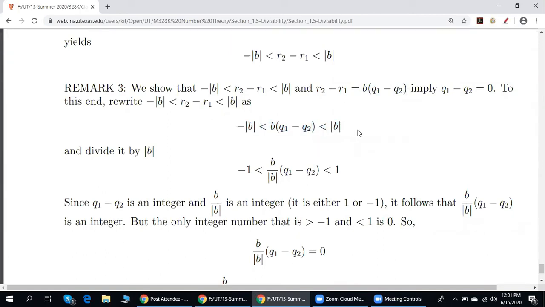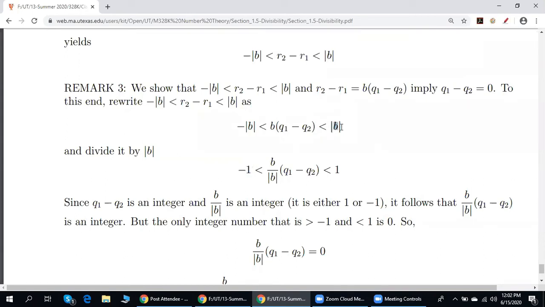Next step. Let us divide all 3 parts of this double inequality by absolute value of b. Since absolute value is strictly greater than 0, we do not switch the signs. Negative absolute value of b divided by absolute value of b is -1.